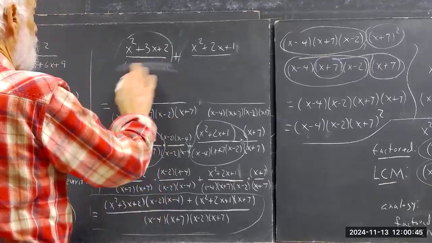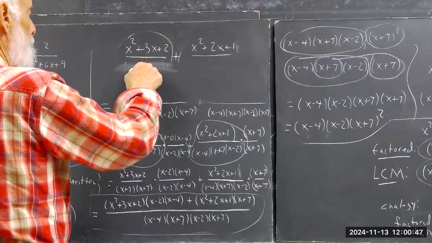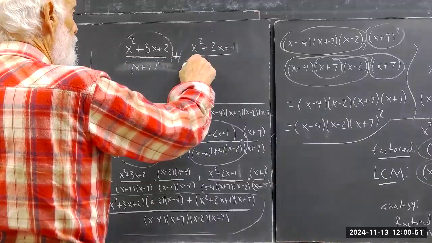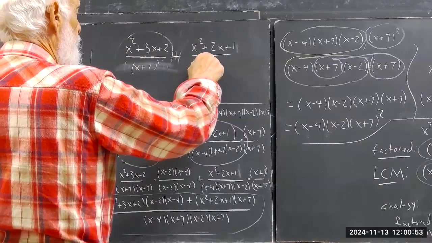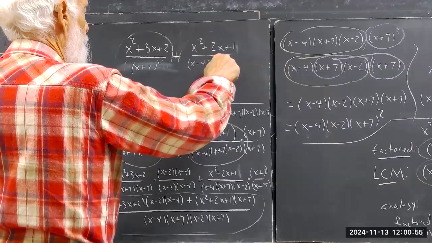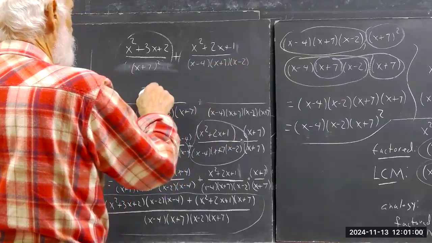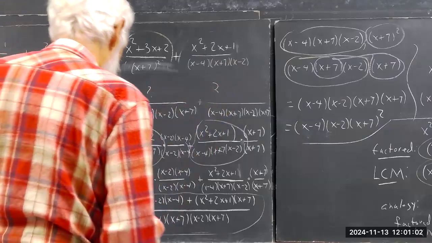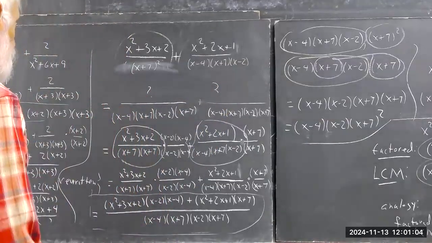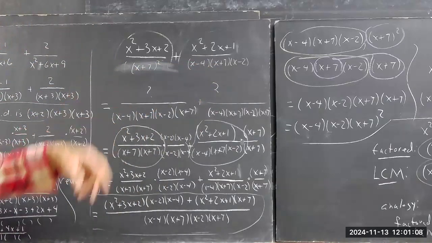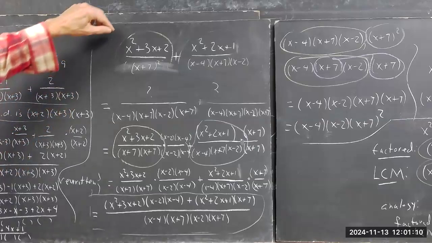This is over the square. Okay, so I'm going to take it back to what it was. I was going to do something, but I don't want to multiply that out in my head. There'd be a chance that I get it wrong.